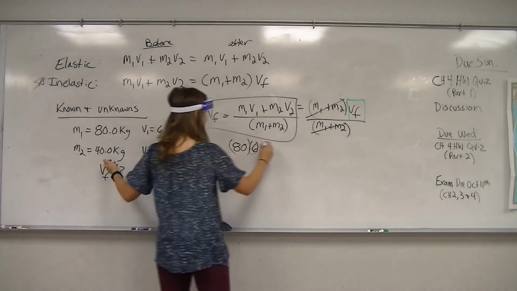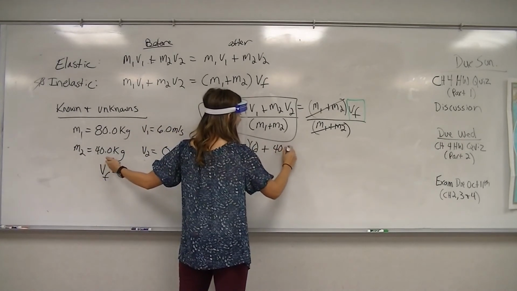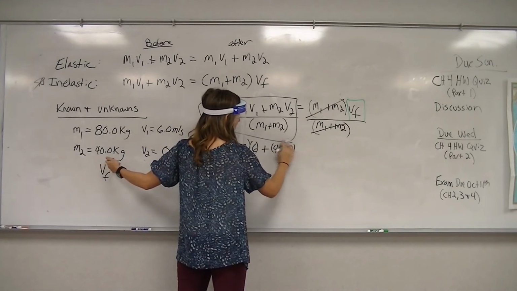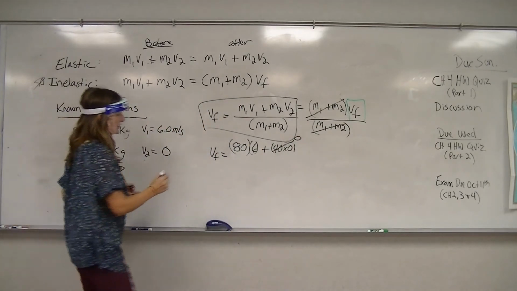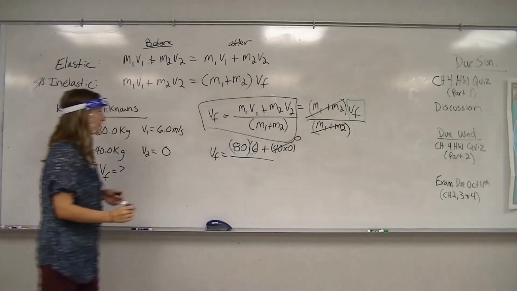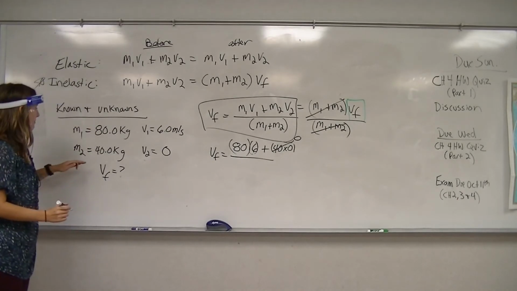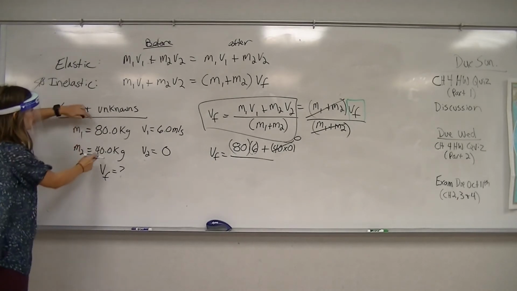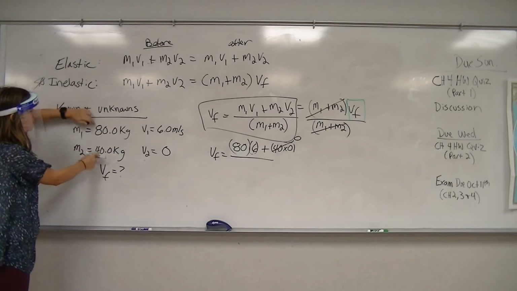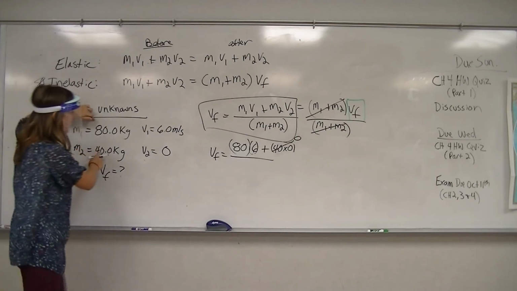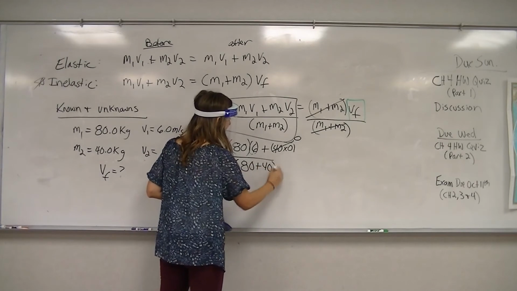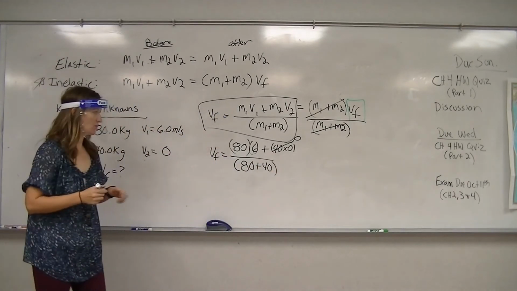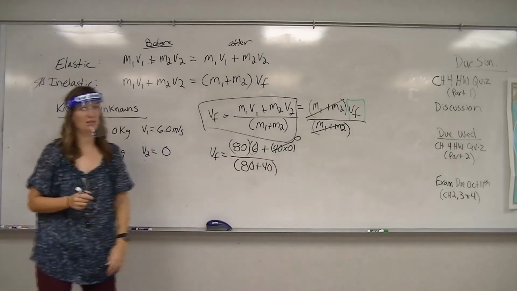You could write it out and calculate it. You're going to get 40 times 0, which is just 0. Saves us some work there. And then we can divide that now by the total mass of both objects, both people. So we're adding 80 plus 40 on the bottom. And you need to make sure to put that in parentheses, because otherwise by order of operations, it's going to do the division before it does the addition.